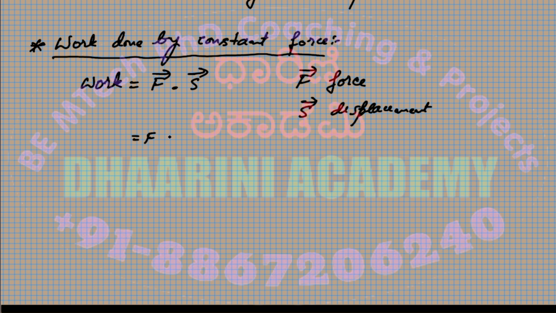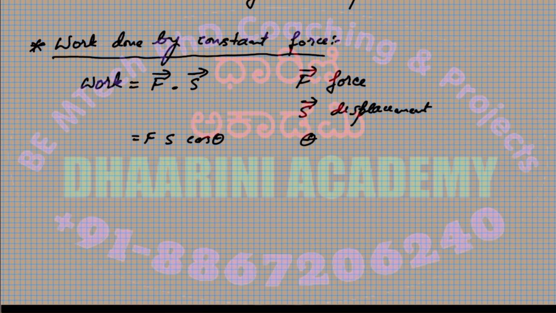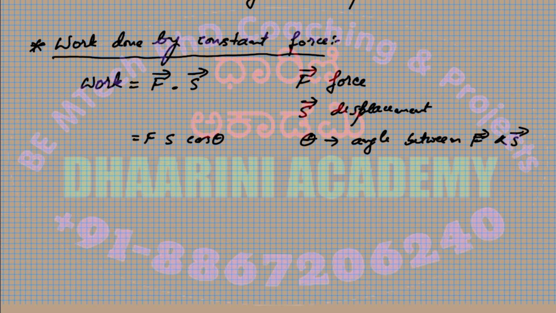That is F into S into cos theta. Magnitude of the force multiplied by the magnitude of the displacement into the cos of the angle between them. So theta denotes the angle between the F vector and the S vector.